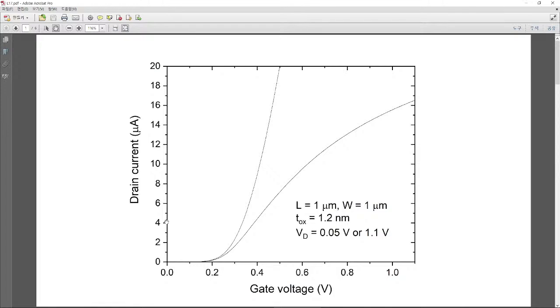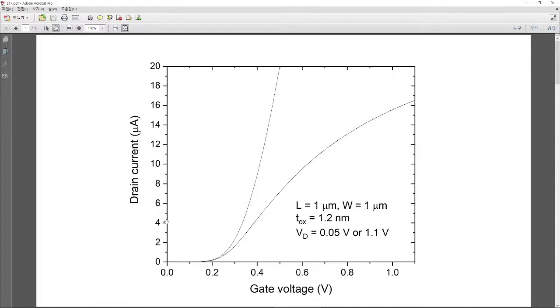So is it the expected one or not? If you understand our discussion up to now, maybe you will find that somewhere here is the threshold voltage, and below the threshold voltage we have almost no current, and beyond the threshold voltage we have current increasing.